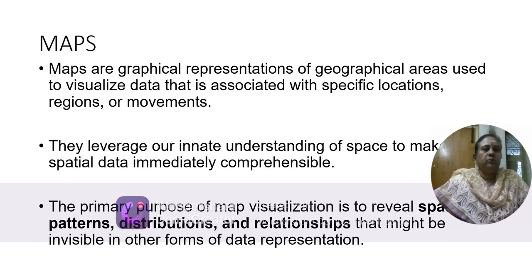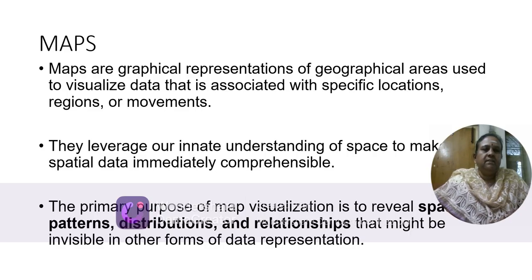Next, moving on to maps. So, what are maps? Maps are nothing but the graphical representation of geographical areas used to visualize data that is associated with specific locations, regions, or movements. Maps are especially used in geographical areas. An example is weather forecasting maps.